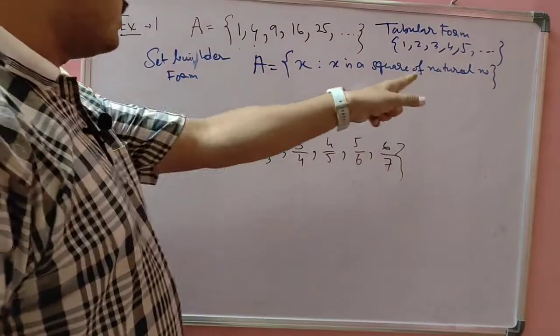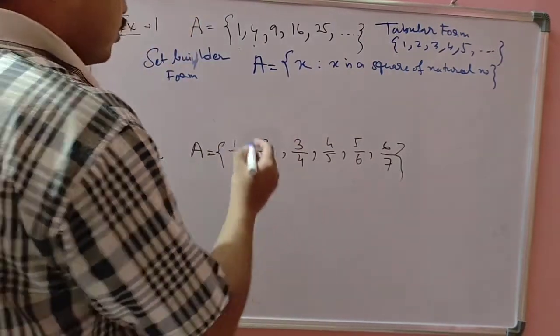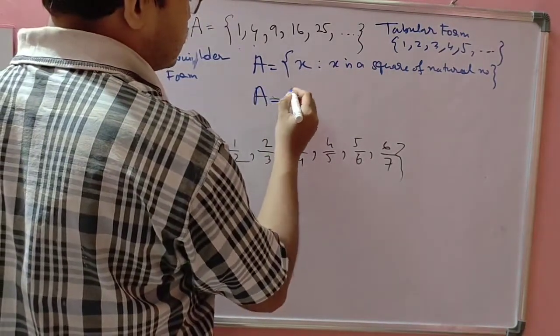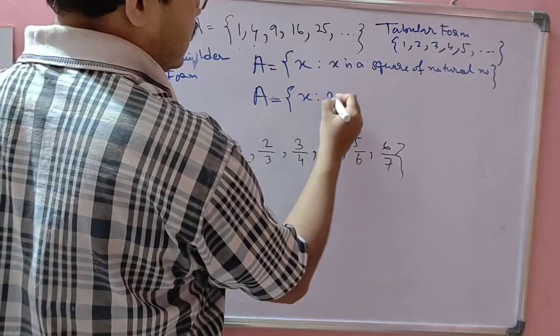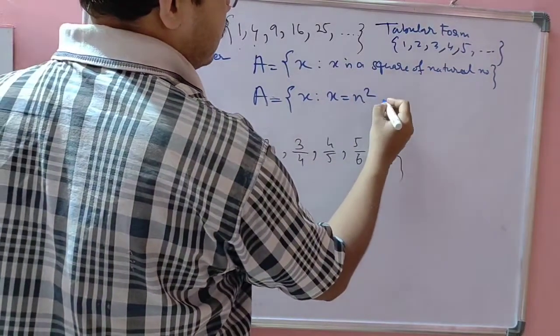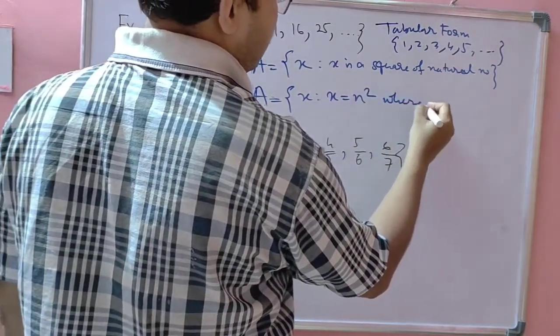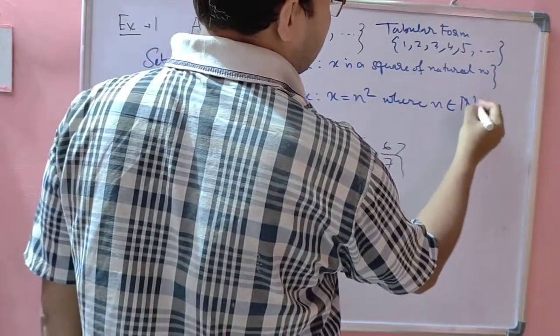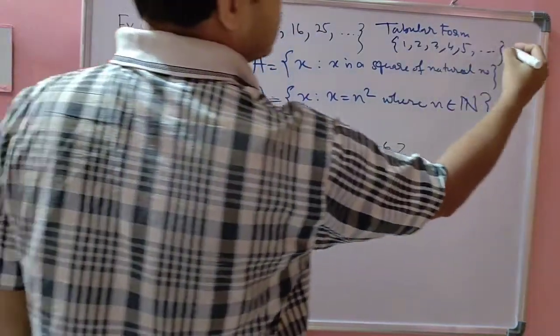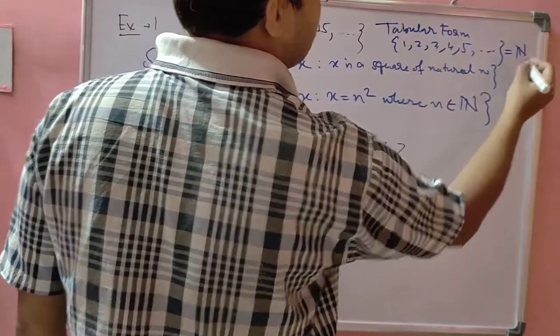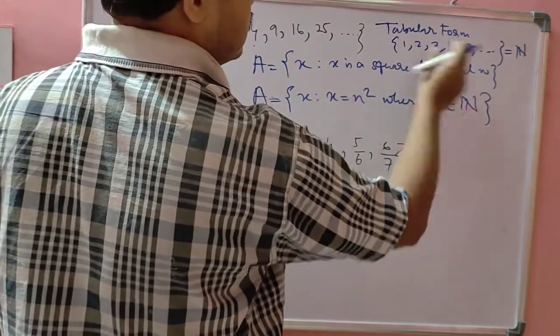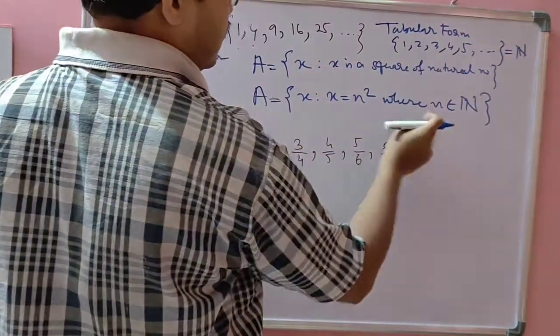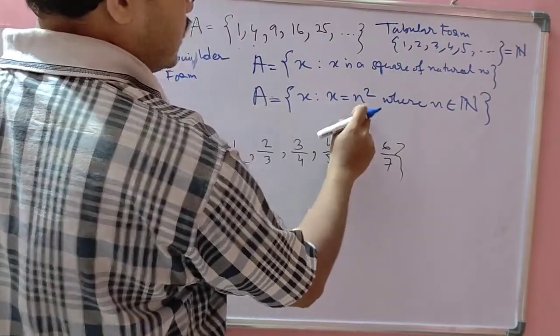So this is how we write it in set builder form, or more mathematically, A is equal to {x : x = n square, where n belongs to N}. N means the set of all natural numbers. So n belongs to N, and x's value is n square.